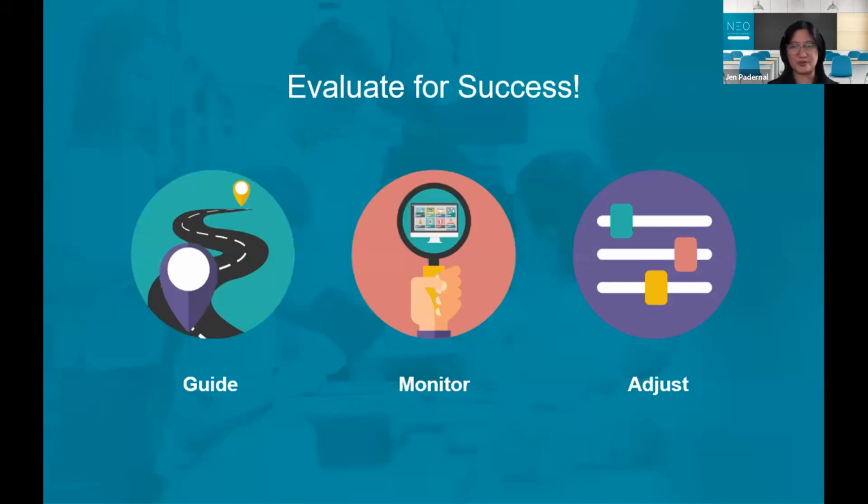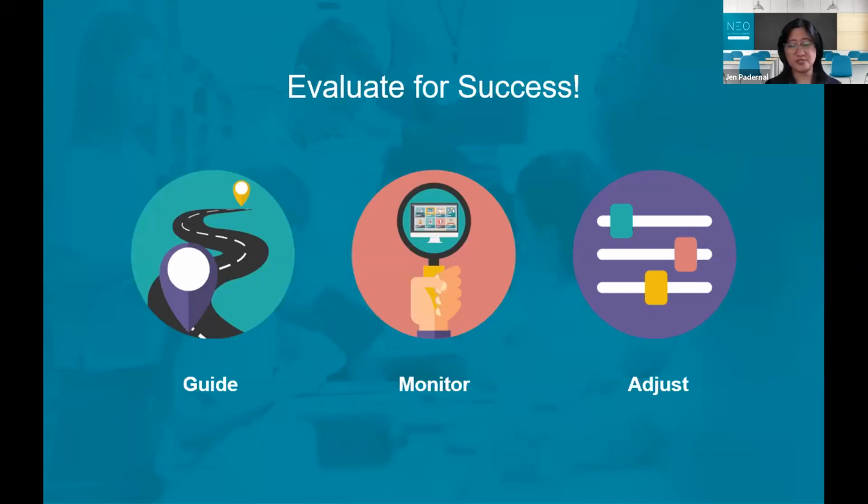We need to look at the success factors, the impact of that micro learning content on our learners, and also on us as teachers or educators. And if we need to make adjustments, please do not hesitate. Probably in the first few tries, you feel that you're not successful, then you can change something and improve it. That's always going to be the case.